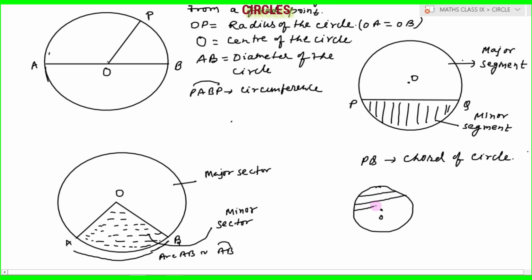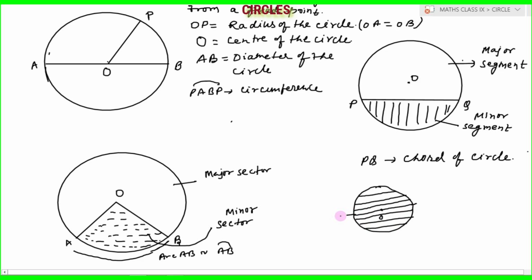If we take one closer, it becomes larger. If we take it closer so that it passes through the center, this is the largest chord. And if we go ahead now, it becomes smaller. So if you draw several parallel chords, you will find one chord which passes through the center.